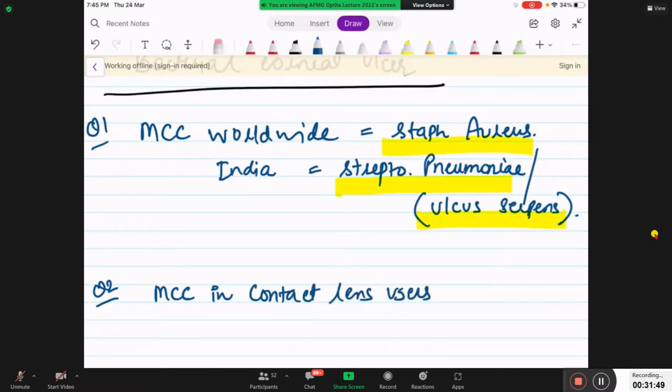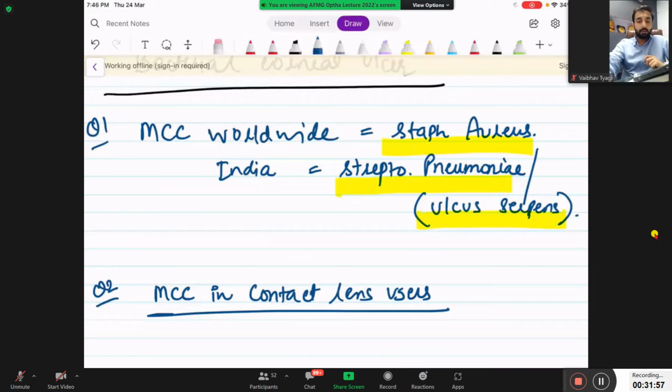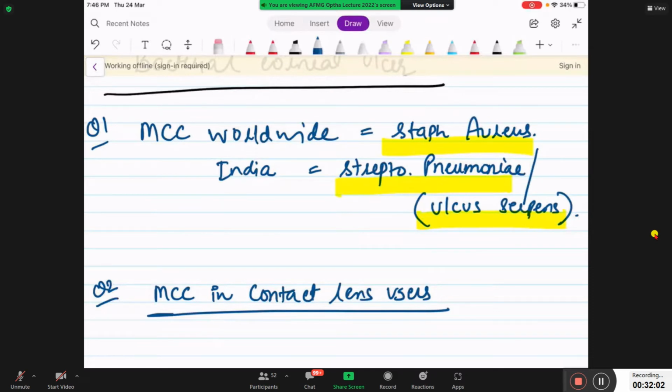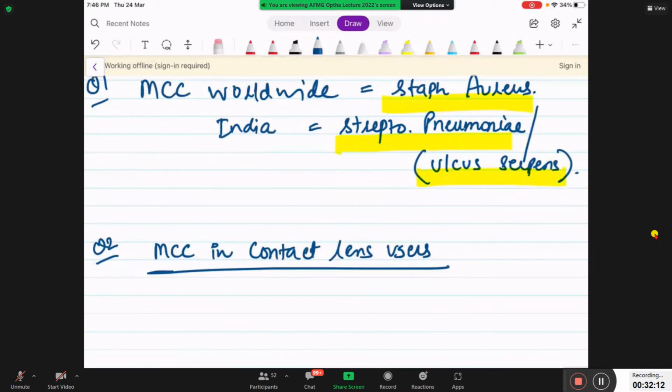in contact lens users. The patients who are using contact lenses for an extended period of time, more than 8 hours, so they get bacterial infections. So you have to remember, most common cause of bacterial corneal ulcer in contact lens users, answer is Pseudomonas.